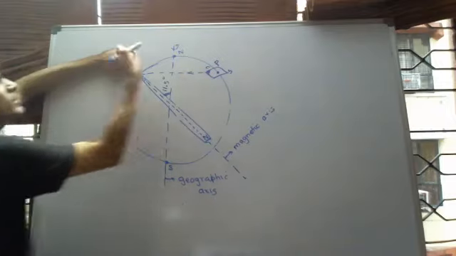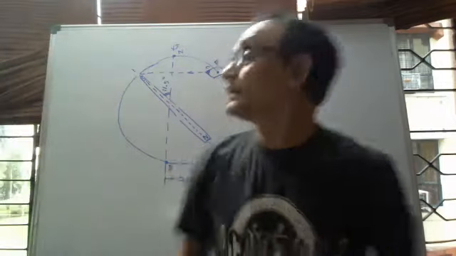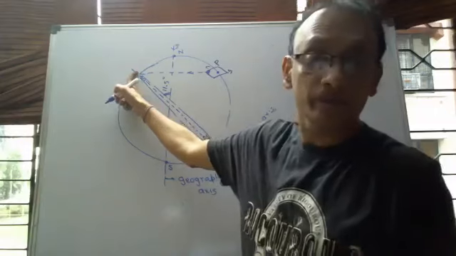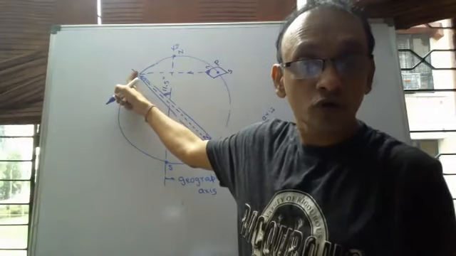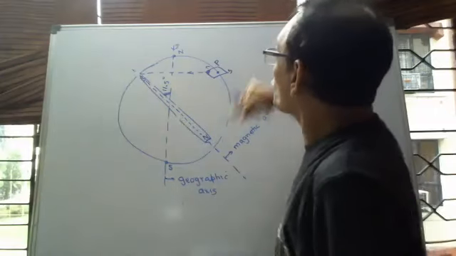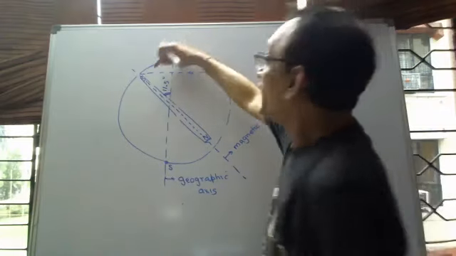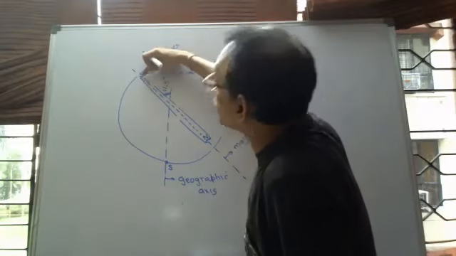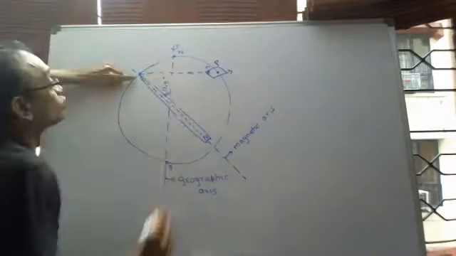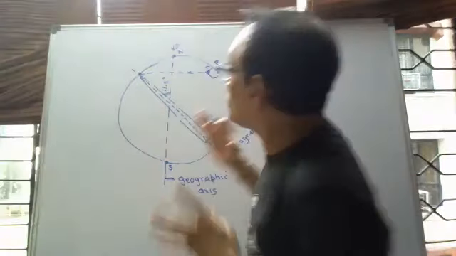If you follow the needle, it will take you to this point. This was my geographical north, and this end, the south pole of this magnet, we don't call the south pole of the Earth.